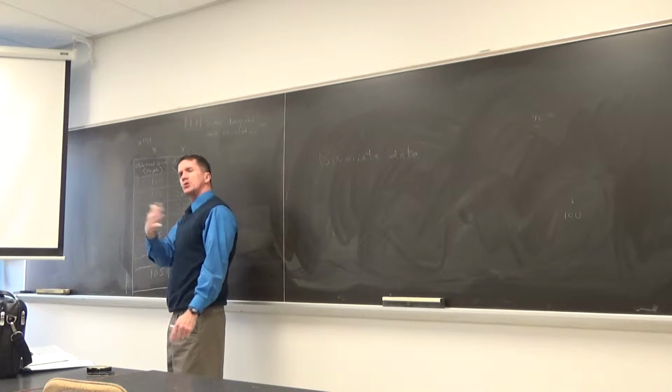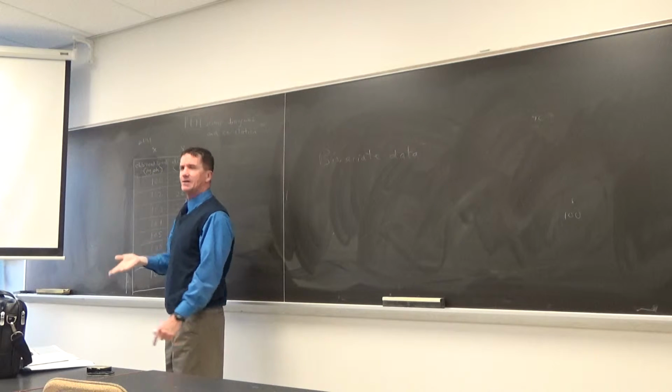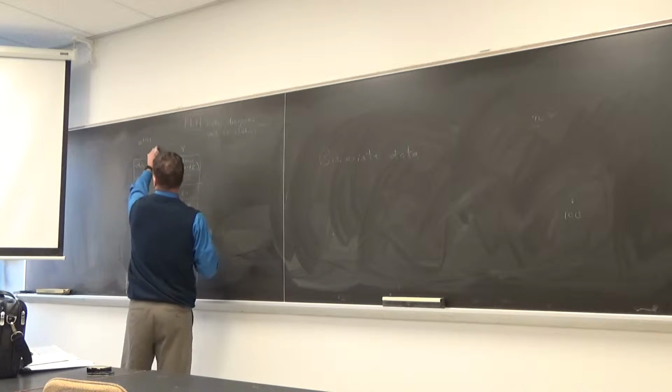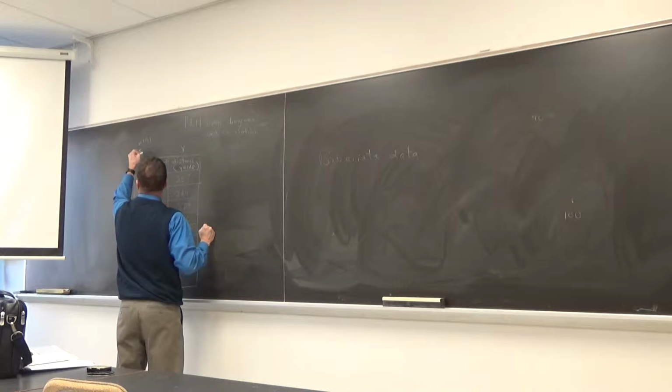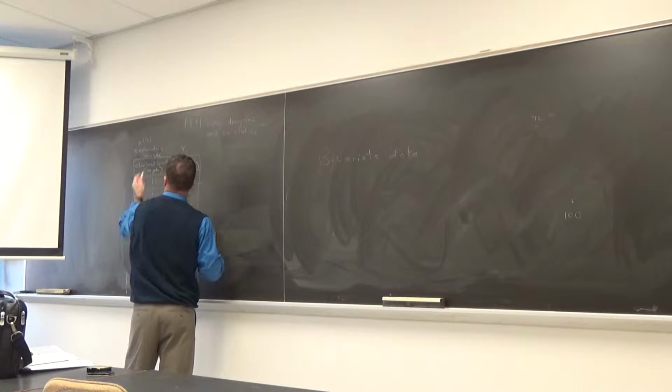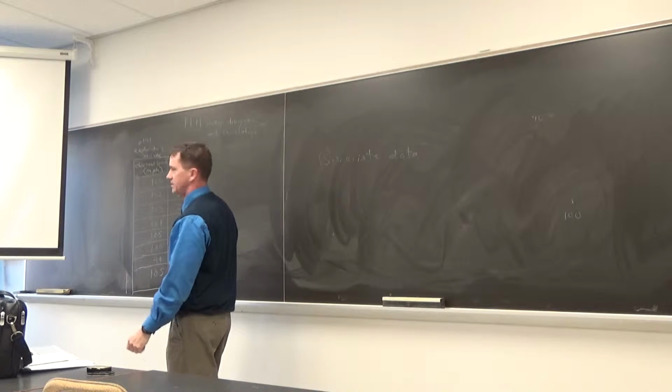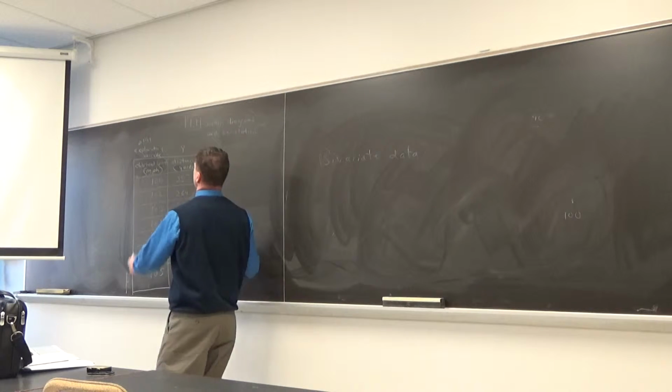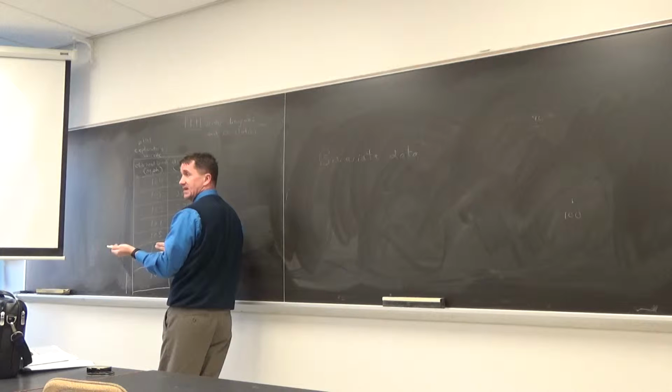X. Now there are other words we use in statistics, so I'm going to write them down. This is called the explanatory variable. Club head speed in miles per hour is the explanatory variable. This responds to that.